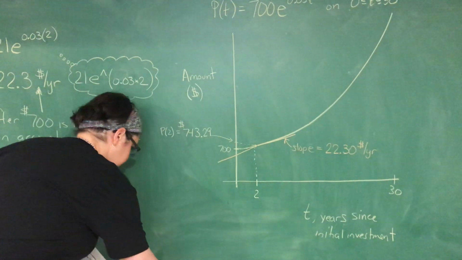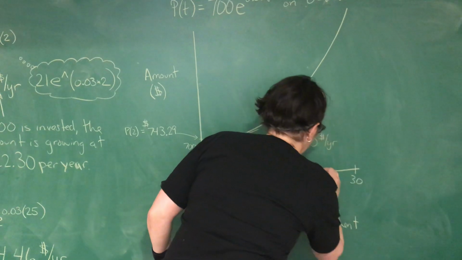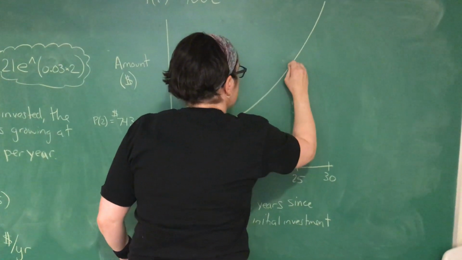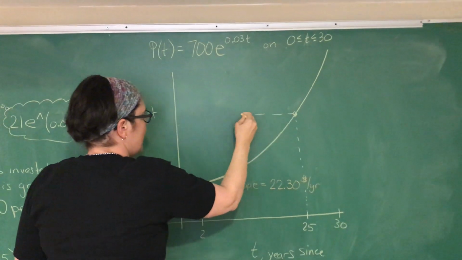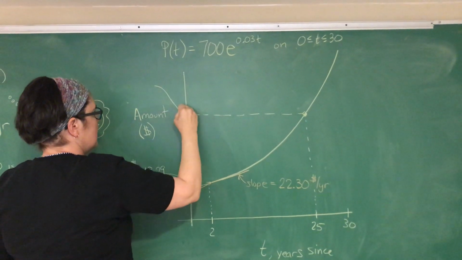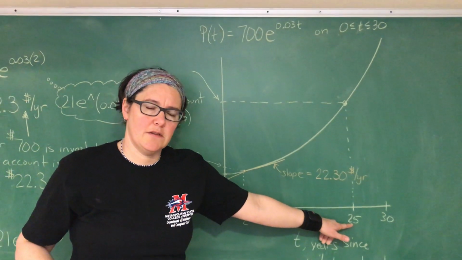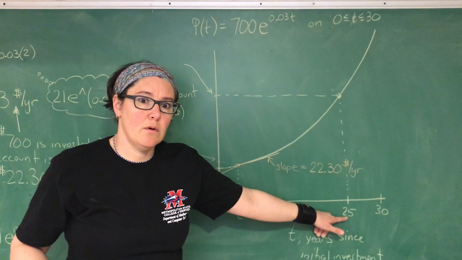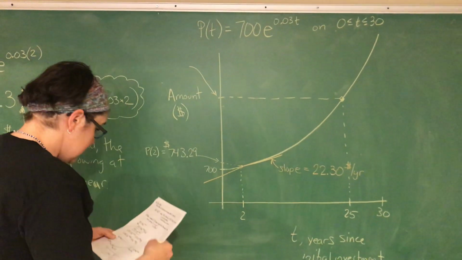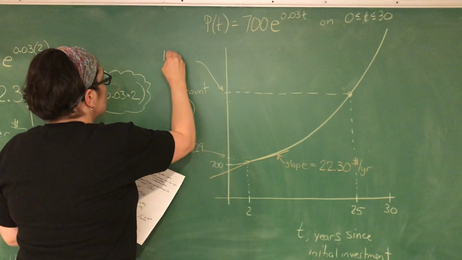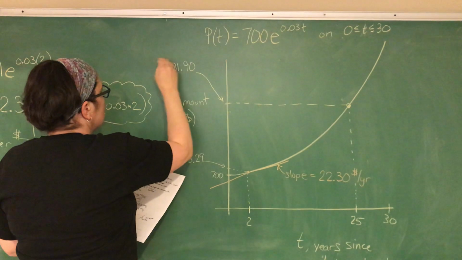On the other hand, around 25 years, if you plug 25 into your original function, and you should double check this either by using the trace function and plugging in t equals 25, or plugging 25 into this formula up here, the output that I get is $1,481.90.